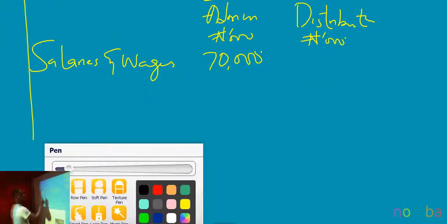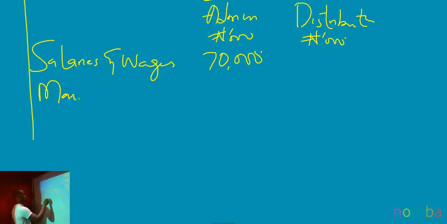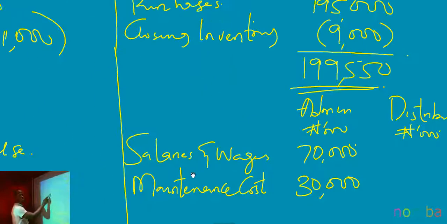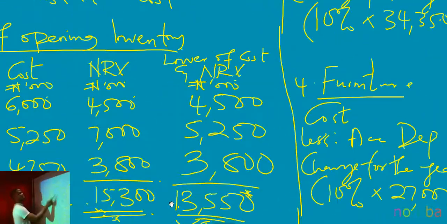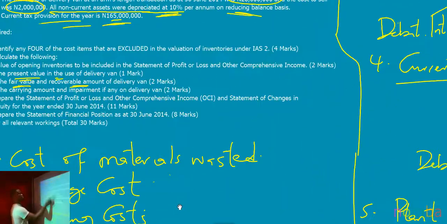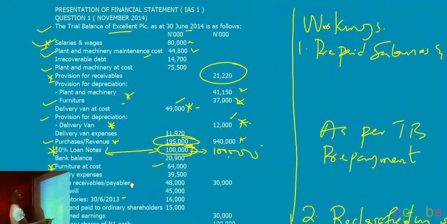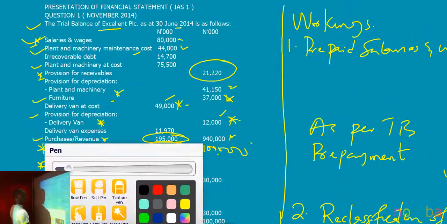So I will have maintenance costs. It should be admin. So what's my next item? My next item here is irrecoverable debt.